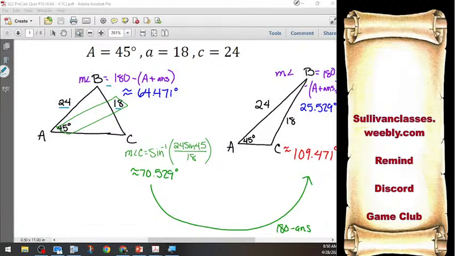Or law of sines says sine of 45 over 18 is sine of 64 and change over the missing side. Cross multiply, and 18 sine of that 64.471 over sine of 45.